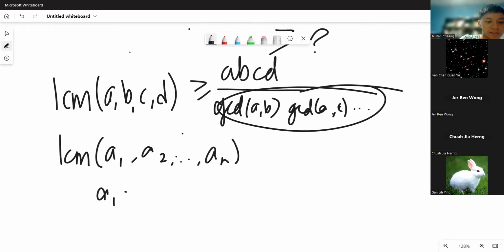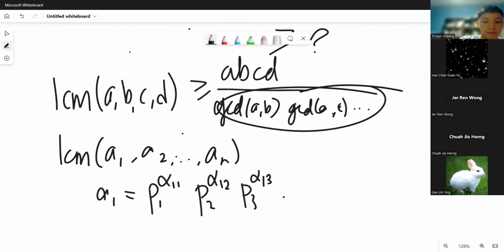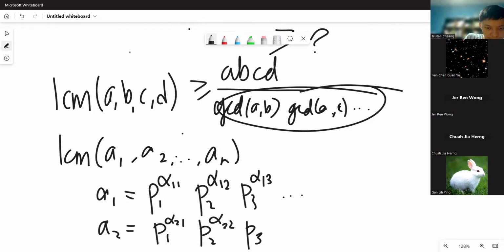So let's say A1 is P1 to some power A11, P2 to some power A12, P3 to some power A13, dot dot. And A2 is P1 to 21, P2 power 22, P3 power 23, dot dot dot.